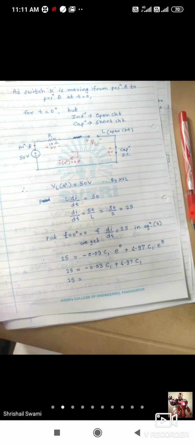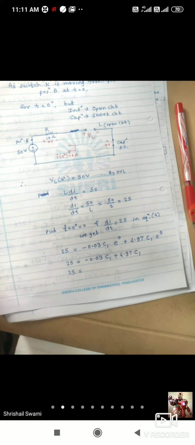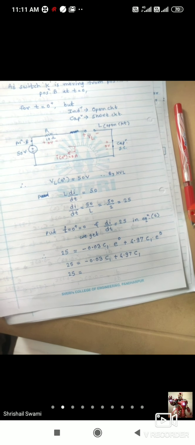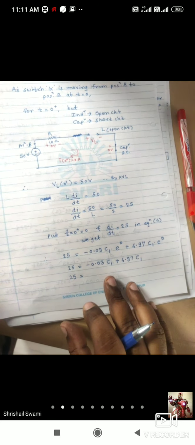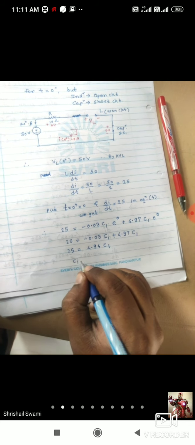Okay, so here it is 4.94 into C1. So what is the answer of C1?